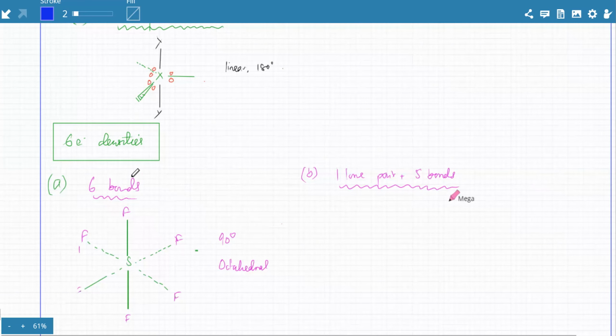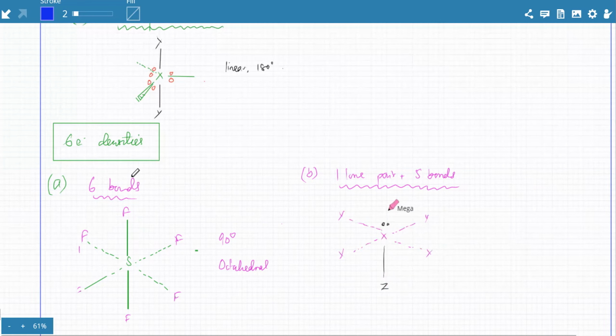And so what's going to happen in this? There's going to be X, with Y attached on all sides, and there's going to be an atom attached on this side, and on top there would be a lone pair.